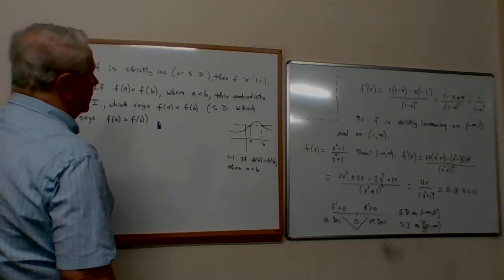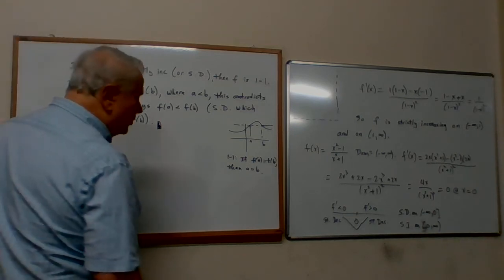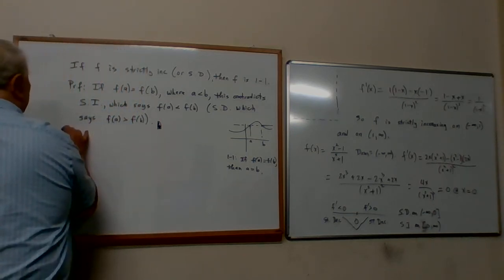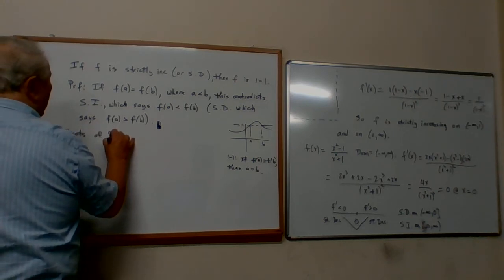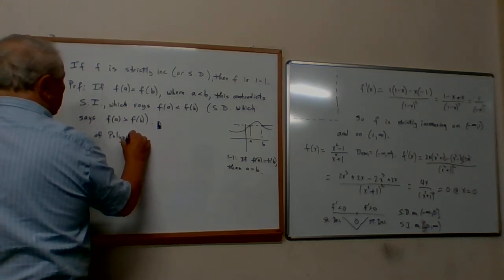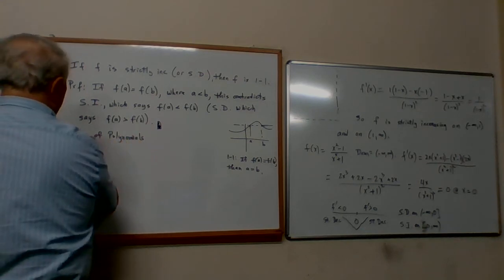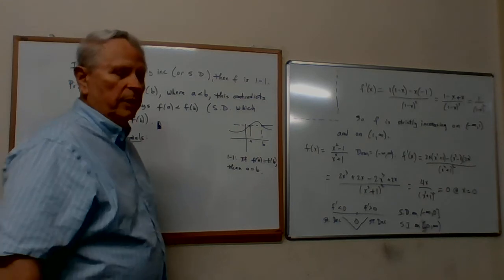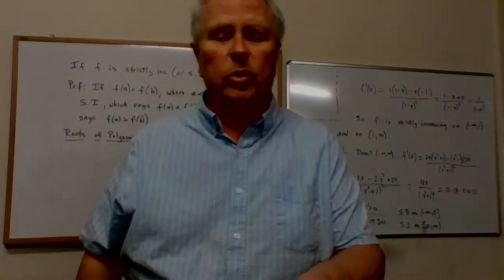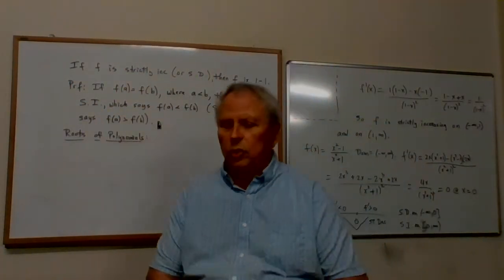Now, we're going to go on to another topic. The topic is roots of polynomials. And before we go on, let me talk a little bit about the word roots, because I want to make sure that there's no confusion here.